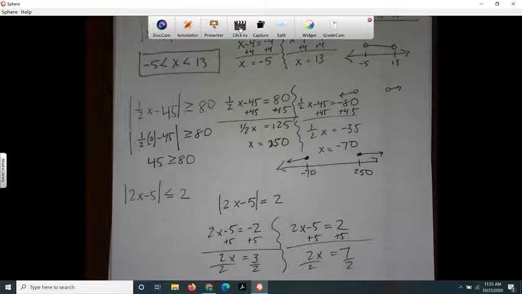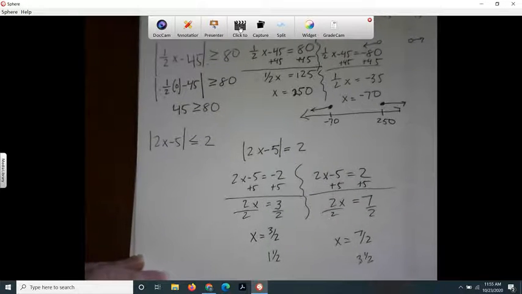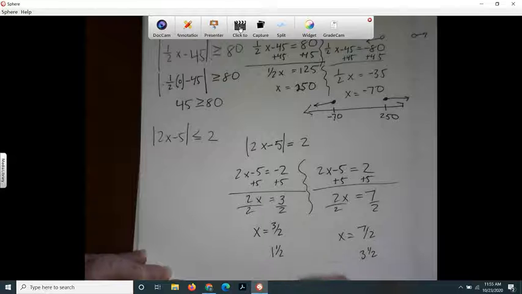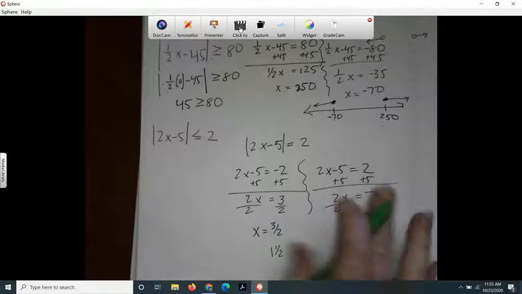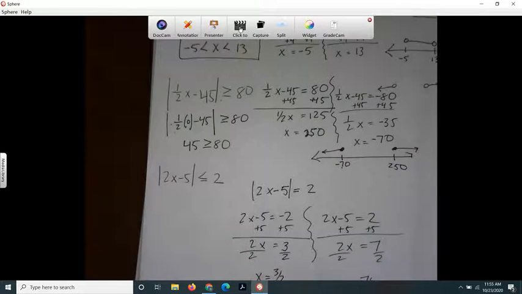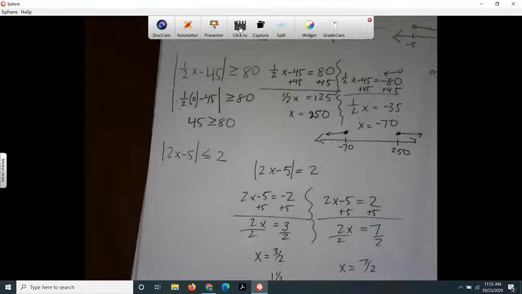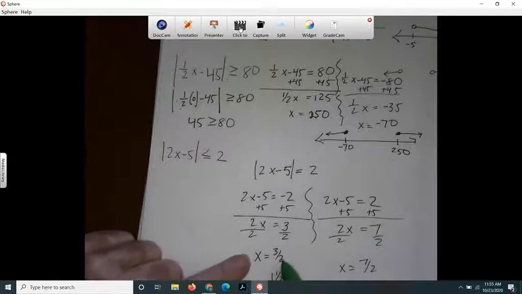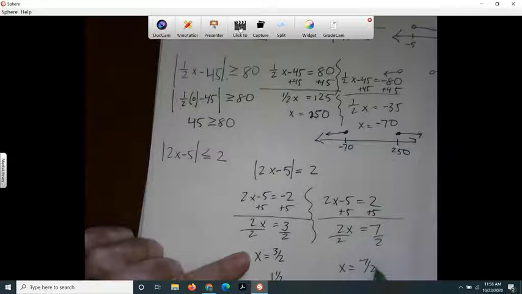Now this thing says less than, so I'll show you how I think it's going to go. So this is the smaller number. This is 1.5, which is 3 halves. This is the bigger number, 7 halves. And it's going to be filled in circles because of this little equal sign here.